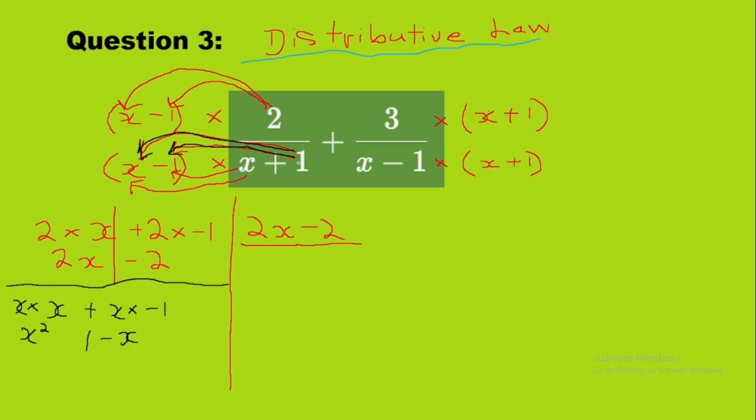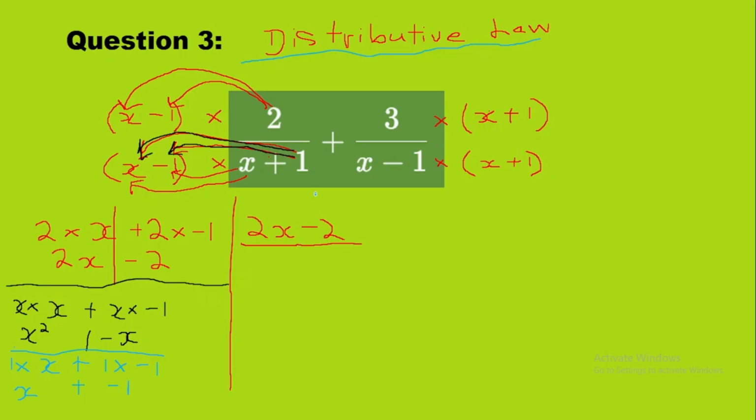So 1 times each of the terms in the bracket: 1 times x plus 1 times negative 1. 1 times x is just x, plus 1 times negative 1 will give you negative 1.